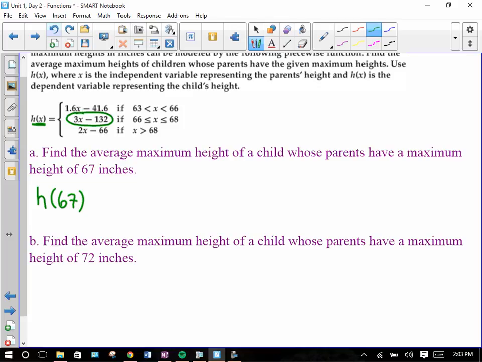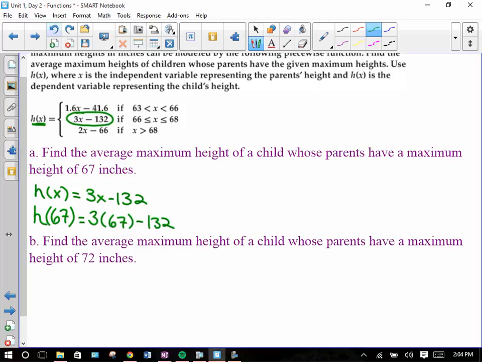I need to find h of x when x is 67, so I'm using h of x equals 3x minus 132. The reason I'm using that is because 67 is between 66 and 68. So this is equal to 3 times 67 minus 132.